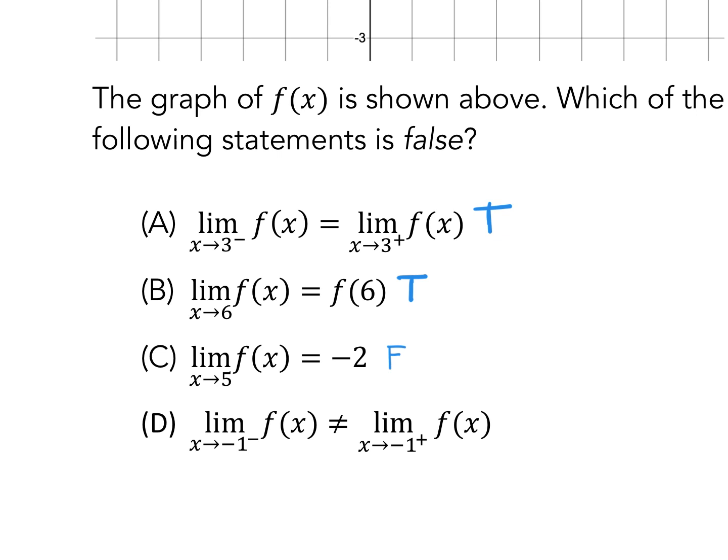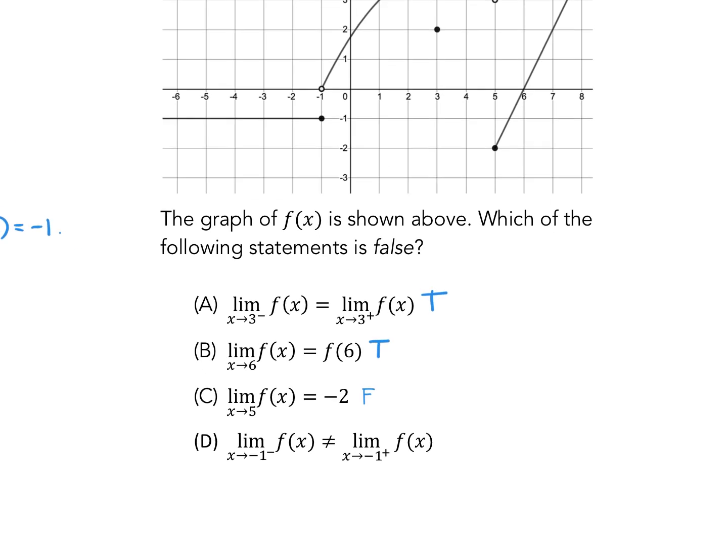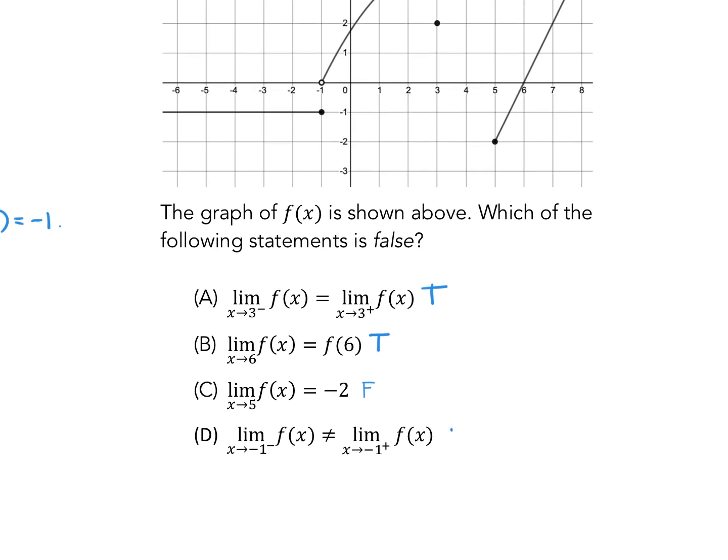You should always check the fourth one as well. This one says that the right hand limit and the left hand limit are not equal at -1. Is that true or false? It's true. But you could have more than one false option, and then your multiple choice answers would be like A and B, or A, B, and C, or they give you all the different iterations of that.